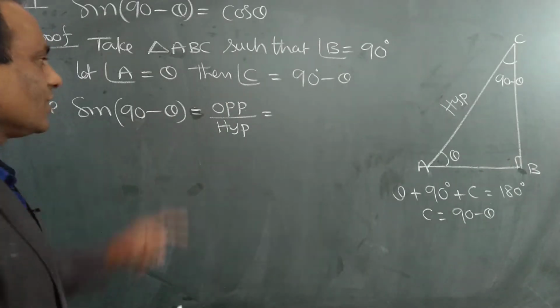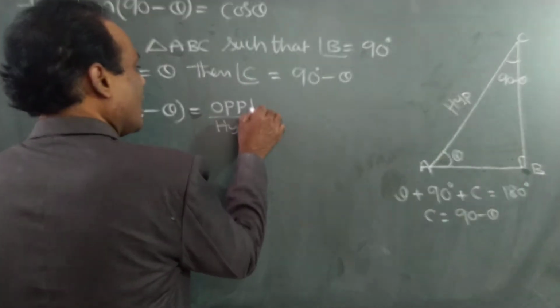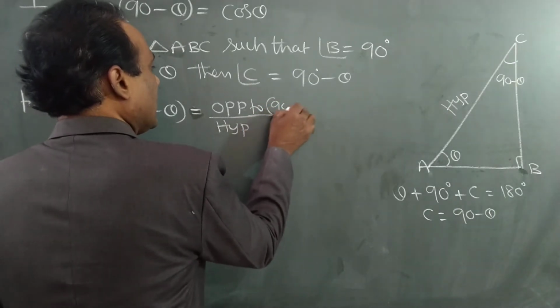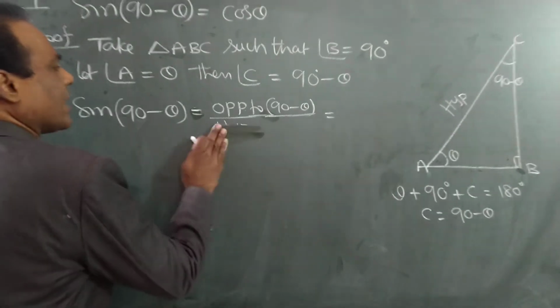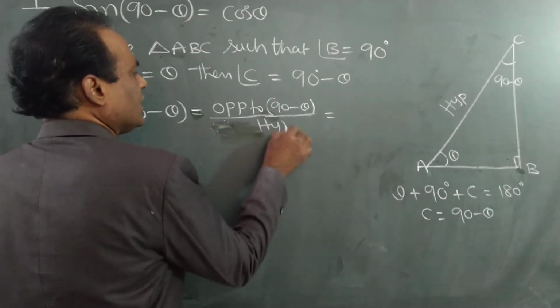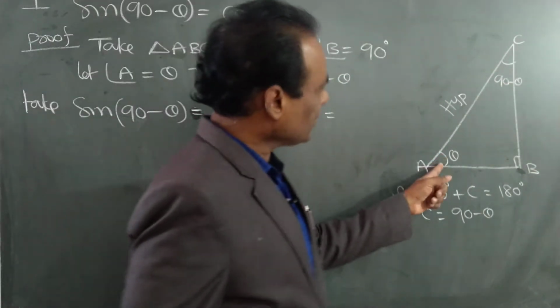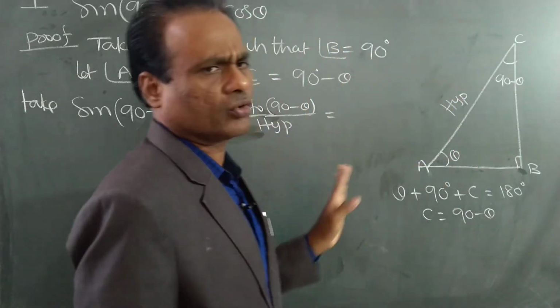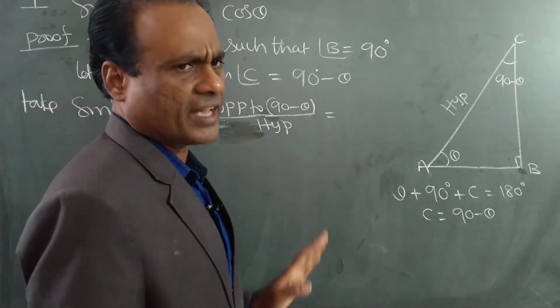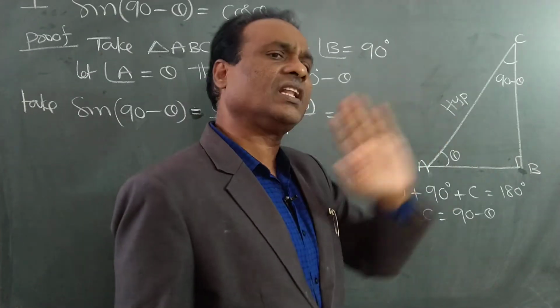Opposite to this angle. The correct sentence is: opposite to 90 minus theta. For the hypotenuse, there is no need of any change, because whether you take this angle or this angle, the hypotenuse will be this. The inclined side is always the hypotenuse. There is no confusion in the hypotenuse. Only opposite and adjacent will change.